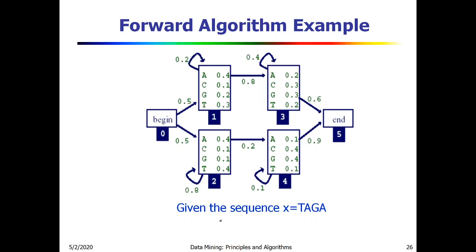Here we have given a particular sequence, TAGA. We can begin with 0 and we are given the transition as A, 0.5 for A, that is 0.4 again, then G, A. Here we have taken the values A, C, G, T, using adenine, cytosine, guanine and thymine, and we are going to apply them to this particular sequence.